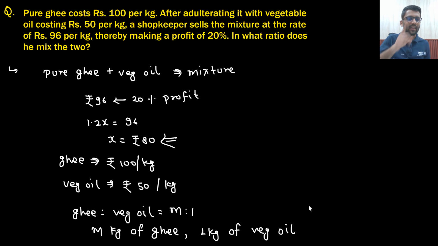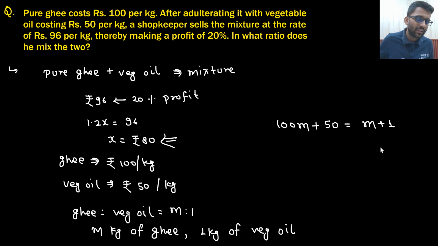M kg of ghee would cost him 100 m rupees, and 1 kg of veg oil would cost him 50 rupees. Now what is the total quantity he is having? M plus 1 kg. And per kg it is costing him 80 rupees. So how much will be the total cost? M plus 1 into 80.